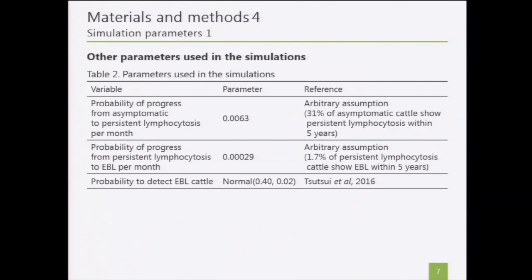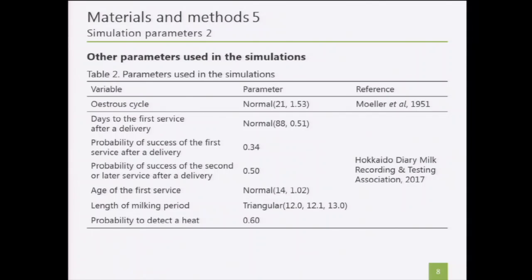The probability to detect EBL cattle was derived from a previous study of BLV infection in Japan. For the estrous cycle, it referred to a paper, and parameters related to reproductivity were derived from the report of the dairy test records in Hokkaido.